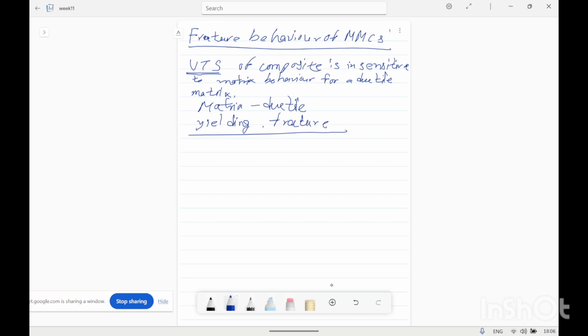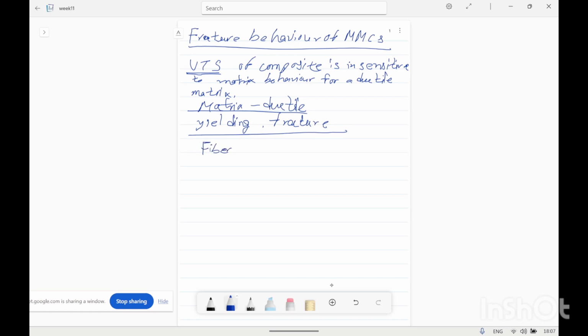As we know, the matrix is generally ductile, and the fracture of the composite also depends on the fiber and matrix interfacial bonding.